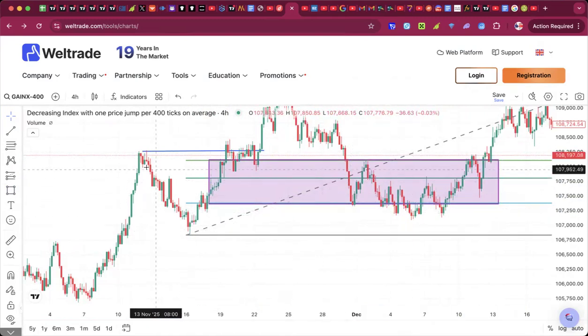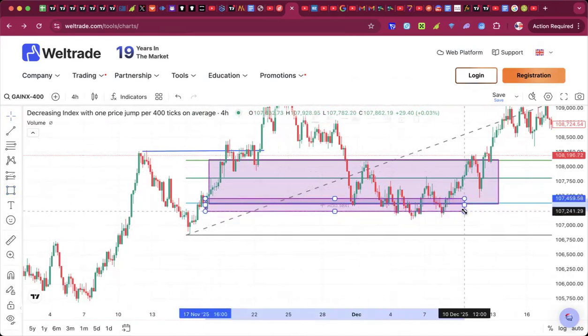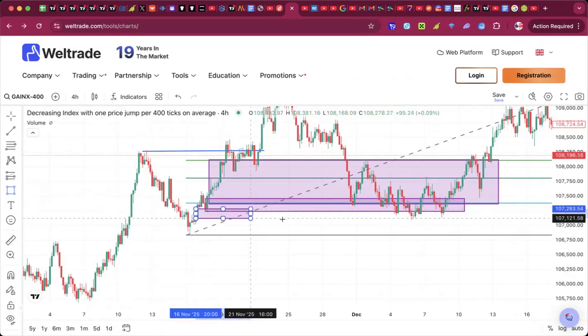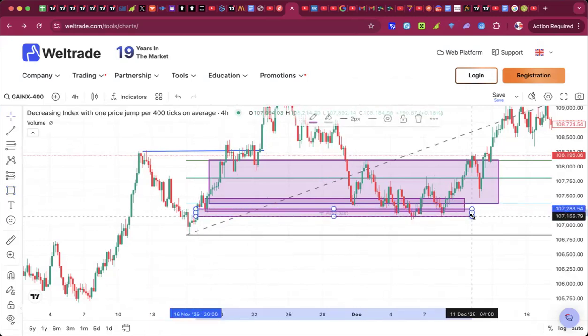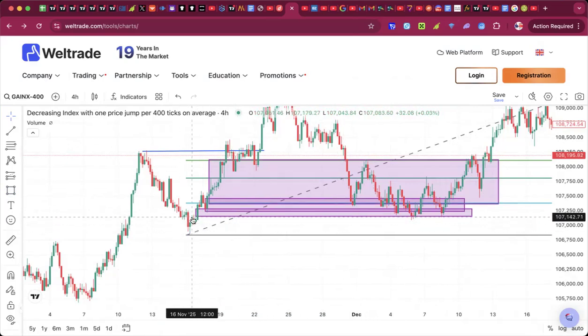So we have another block down here. Probably have another one here, or a fair value gap. All of them are below, so this is another fair value gap. So we can pick that too, just to align everything you're doing.